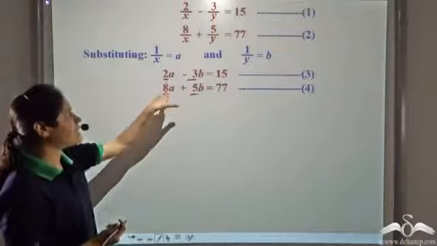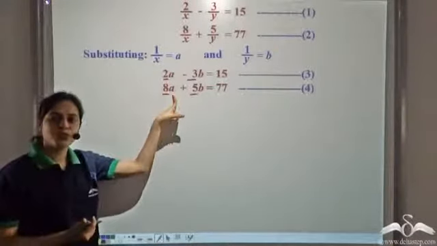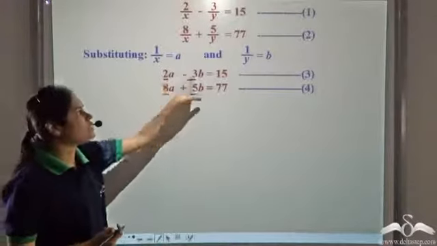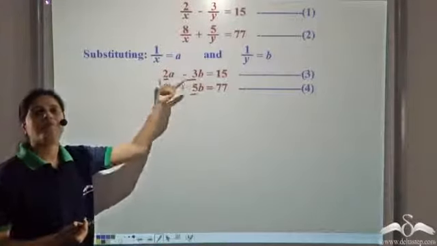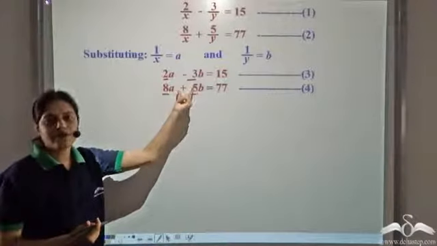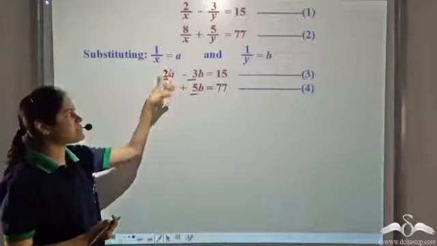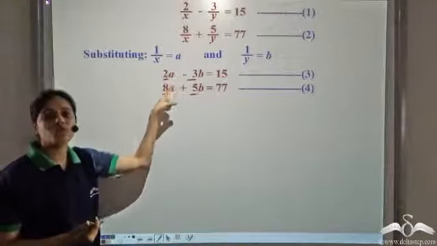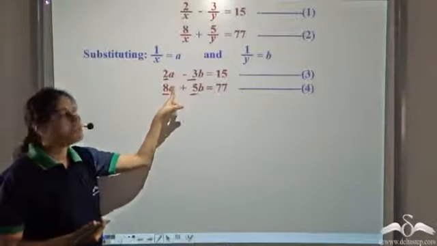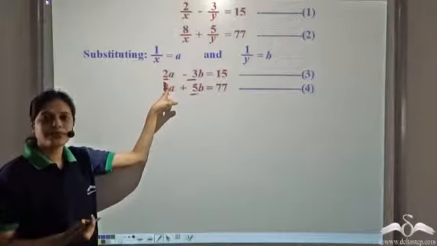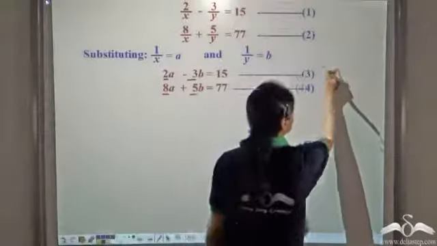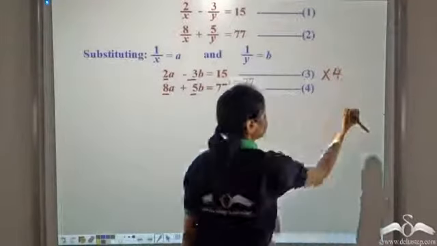Observe that 8 is a multiple of 2. So if we can transform this equation by multiplying it with some number and make this 2, 8, then we can use elimination.